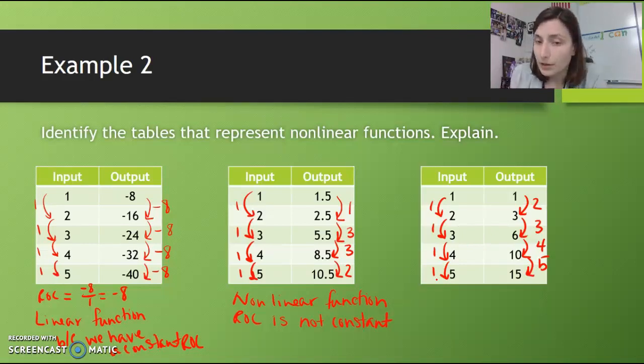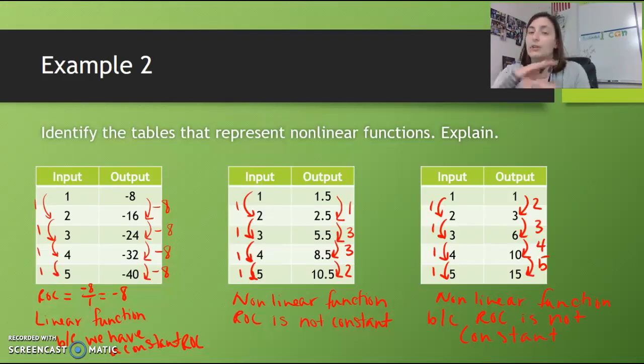So this will be a nonlinear function, again because the rate of change is not constant. If my rate of change is constant, then we have a linear function. If my rate of change is not constant, then it's a nonlinear function, and that's how simple it is to tell the difference.